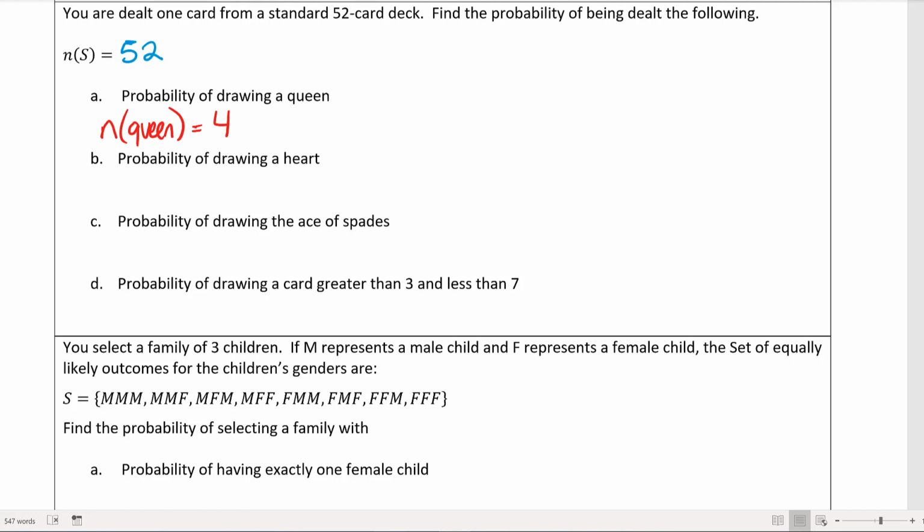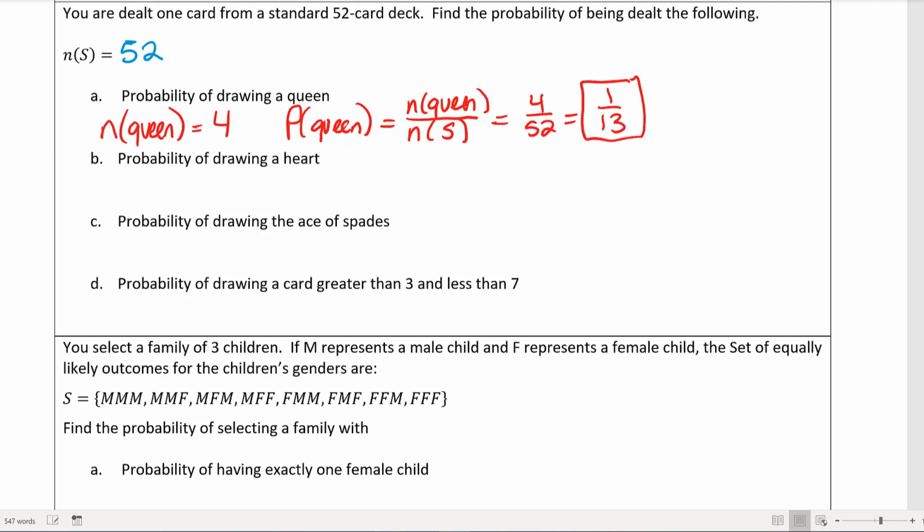So when I'm asking for the probability of pulling a queen, I take the number of ways I could pull a queen, divide that by the number of ways we could pull a card out of our sample space S, and that's 4 out of 52, which reduces to 1/13. So the probability of pulling a queen is 1/13.